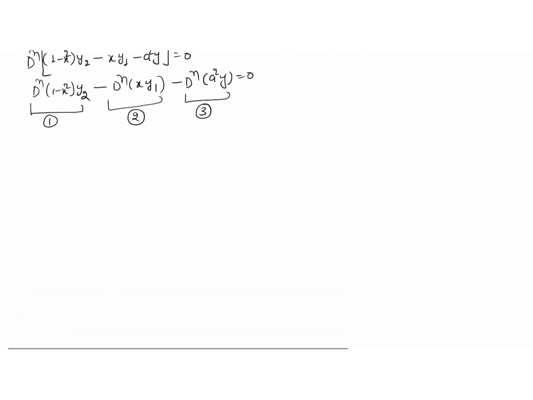When we apply Dⁿ to (1 − x²) y₂, we have two functions: this is v, this is u. Simply apply that.